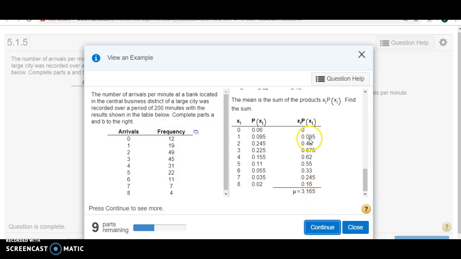Then you sum xi p(xi), and that is your mean.